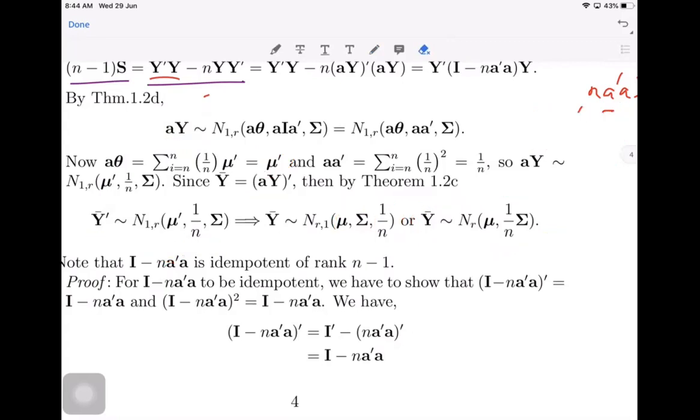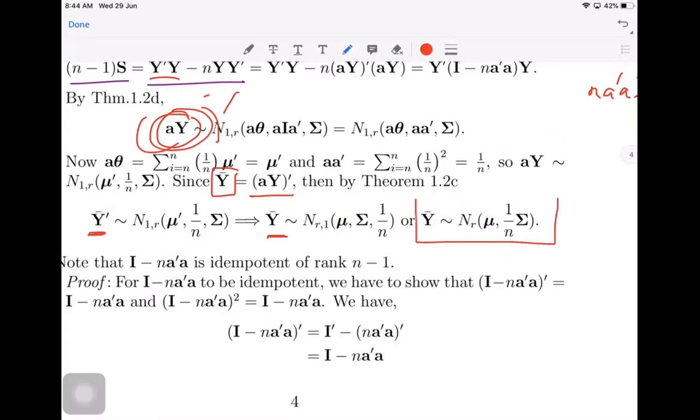Okay? So do you follow? So from here, y bar is expressed as AY prime. So you get the prime of that, the prime of this one. So you will have y bar, and the distribution of y bar is equal to that. Okay?